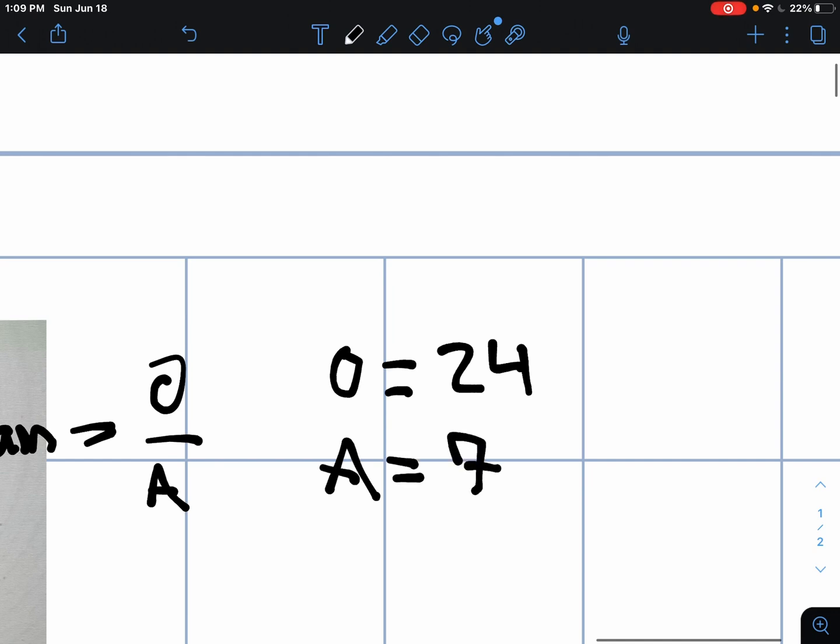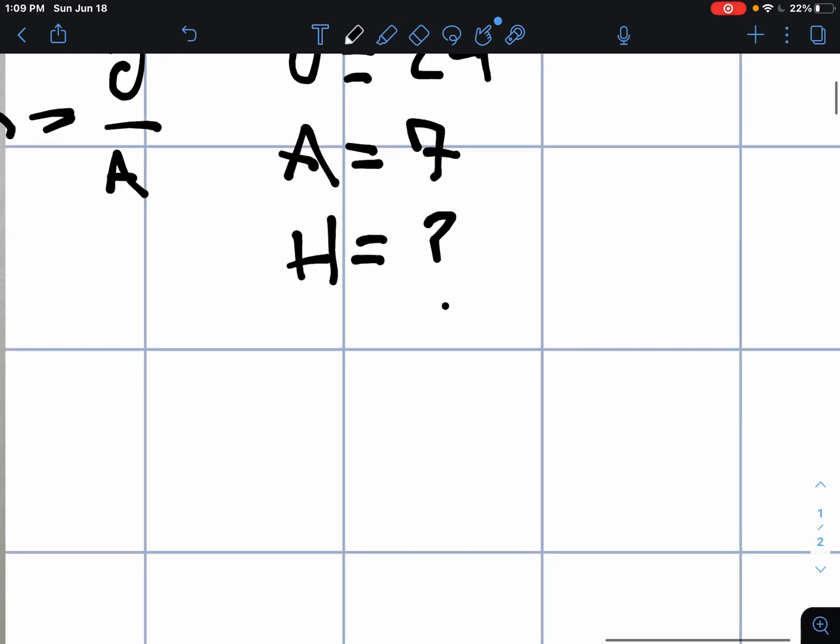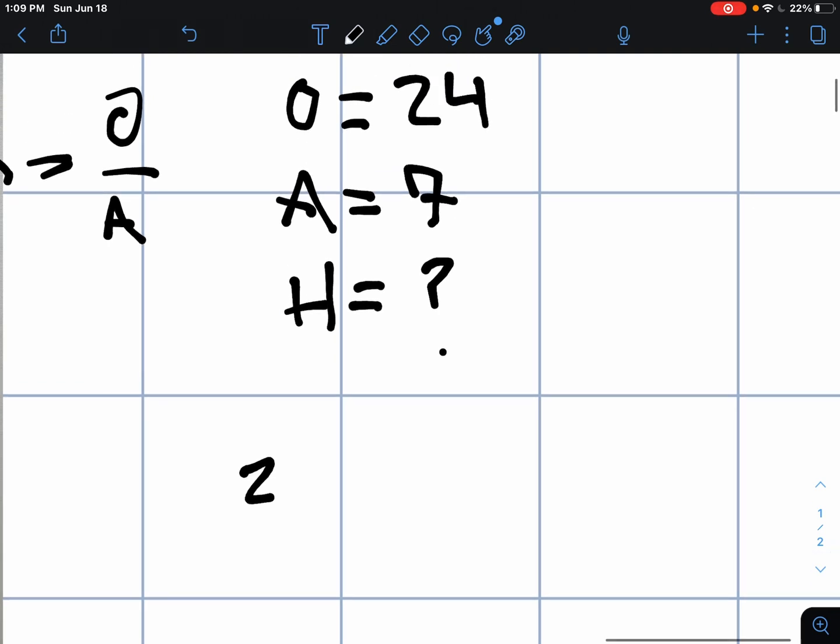Now I just need to find the hypotenuse. To do this, we use the Pythagorean theorem: opposite squared plus adjacent squared equals hypotenuse squared. So we do 24 squared plus 7 squared equals h squared.